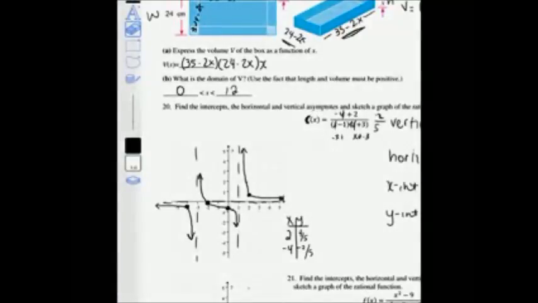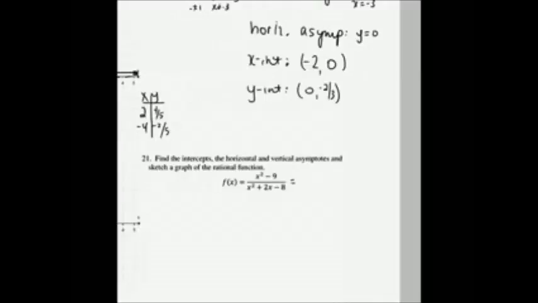Now question 21, same type of question, find the intercepts, vertical and horizontal asymptotes. First thing you'd want to do though is write this in factored form. Okay.